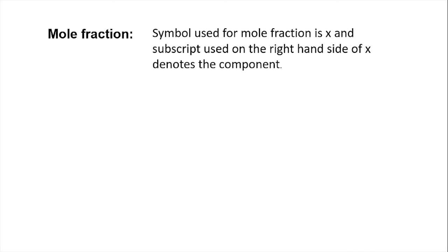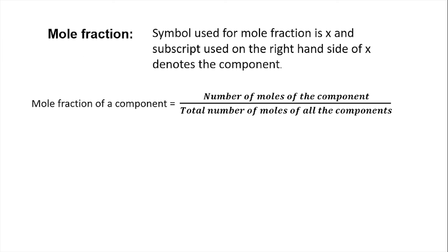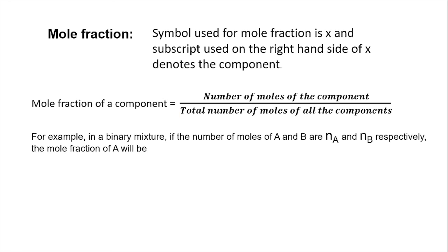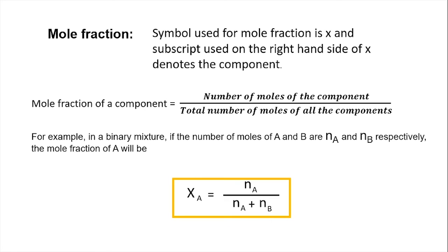Mole fraction. The mole fraction of a component is equal to the number of moles of the component divided by the total number of moles of all the components. It is denoted by the symbol X, and the subscript on the right hand side of X denotes the component. For example, in a binary mixture, if the number of moles of A and B are Na and Nb respectively, the mole fraction of A will be XA equal to Na by Na plus Nb.